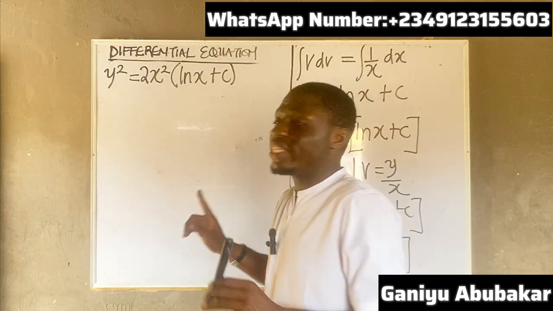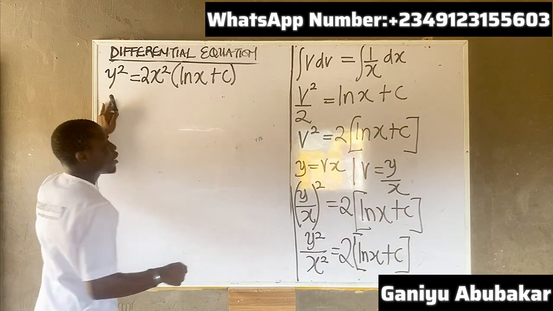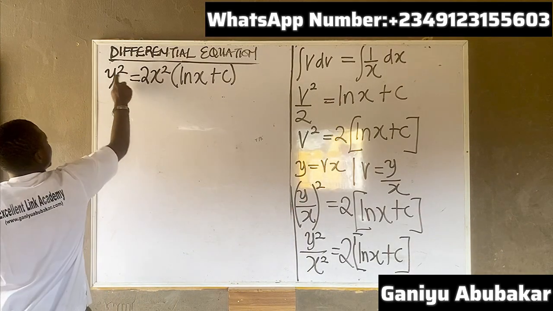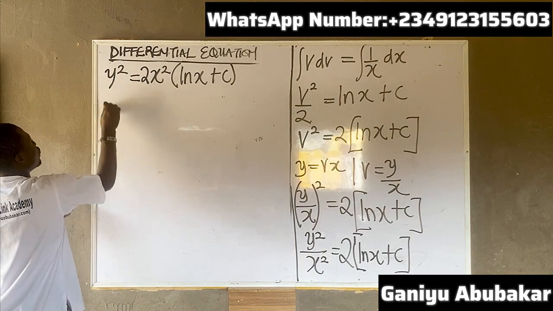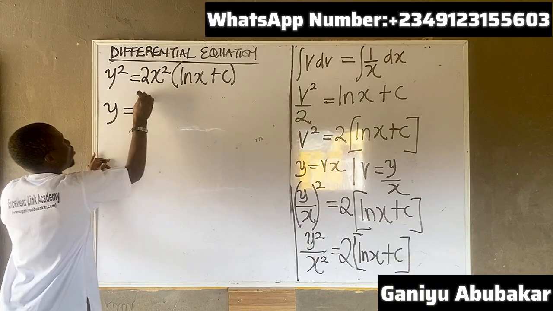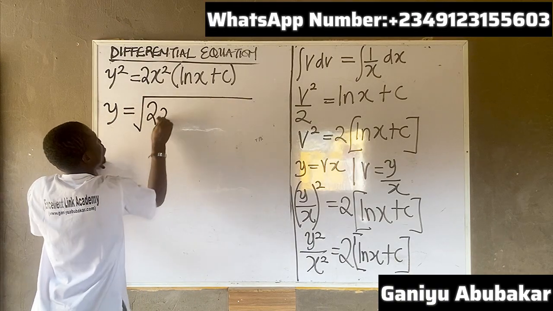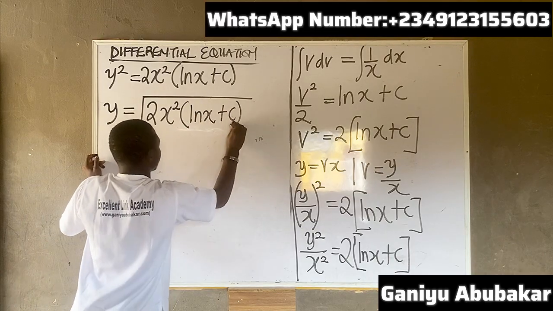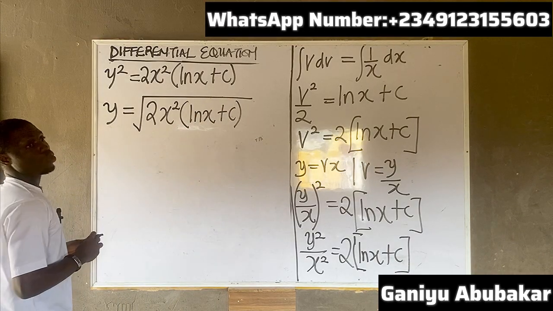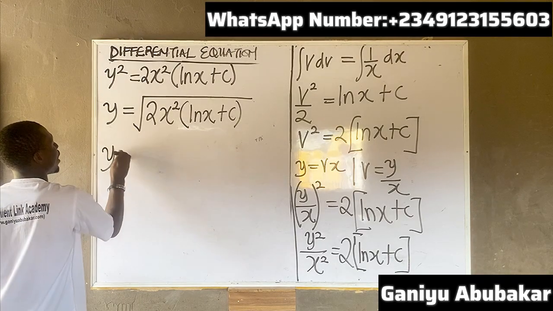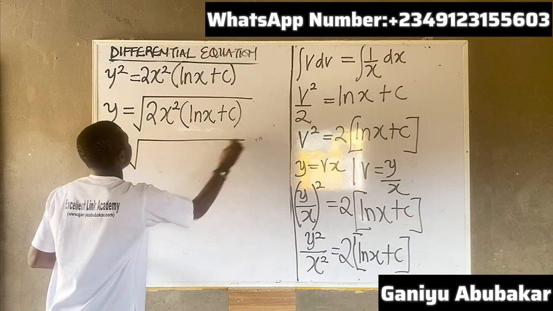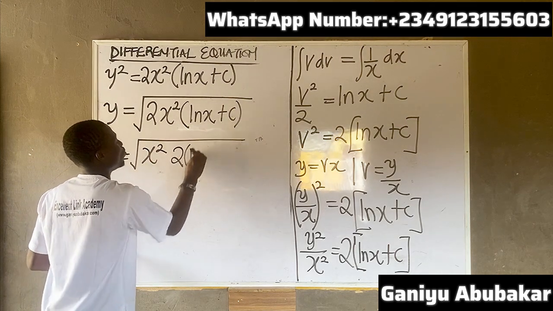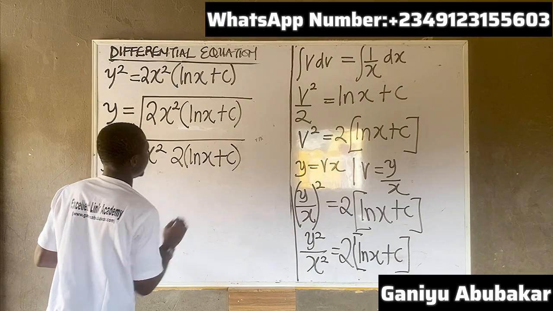So here's the idea, please. In this case now, I'm asked to find y, not y squared. What do I do? Take this square here, it becomes a square root. That gives you y equals the square root of 2x squared into ln x plus c. Applying surds, this can be written as y is equal to root x squared times 2 into ln x plus c.